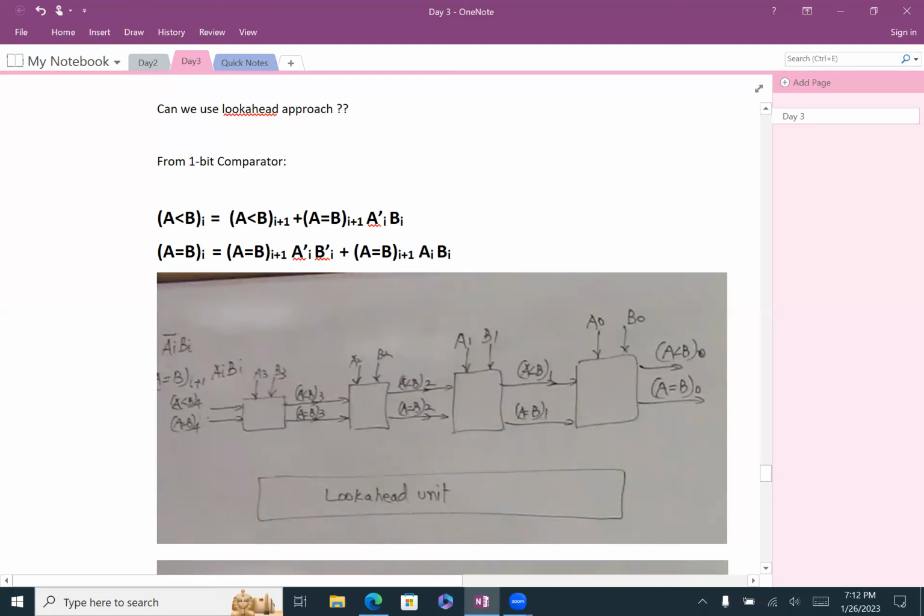Which one? All of them are less equal. Okay, that's what you do for a bit. For example, you can solve it with a 4-bit comparator.